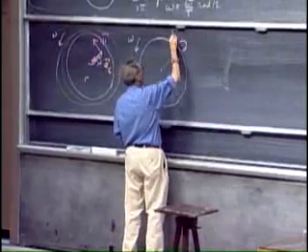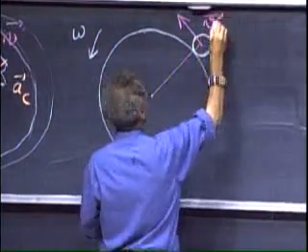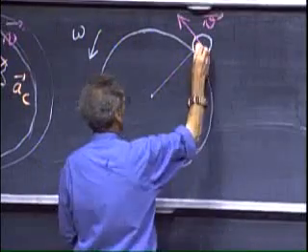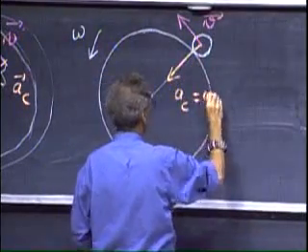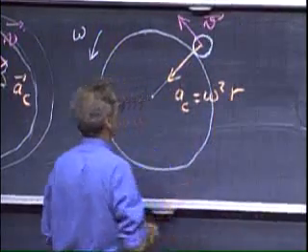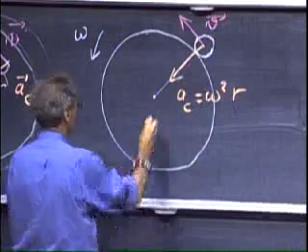So at one moment in time, this has a velocity, like so, and therefore there must be non-negotiable centripetal acceleration, which in magnitude is omega squared r, or if you want to, v squared divided by r.